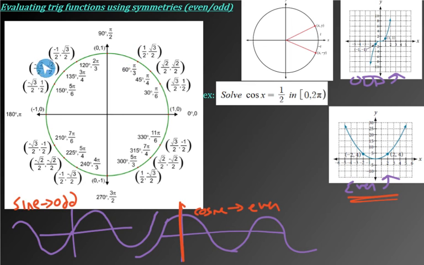But then you can just use symmetries and kind of flip things around. So this is what I mean. So cosine, right, we saw before that x is equal to the cosine of theta, right? And we don't need it here, but y is equal to the sine of theta. x is equal to cosine of theta, y is equal to sine of theta. We saw that in a previous video.